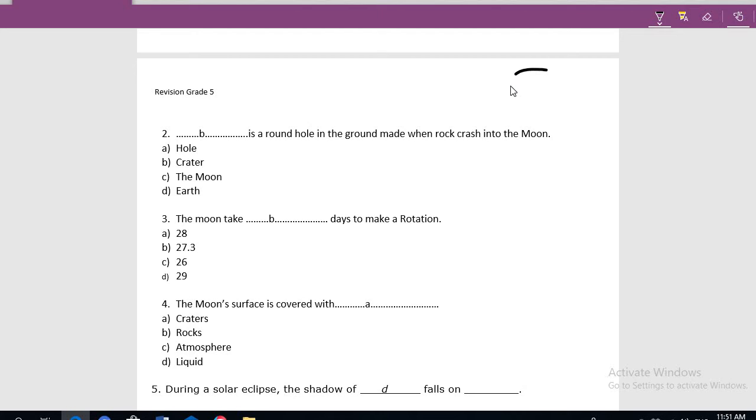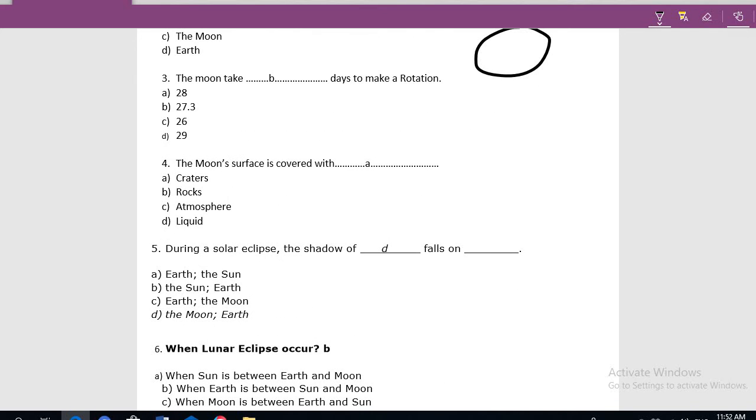So this is the moon's surface. On the surface of the moon there is a hole like this. This hole is called a crater. The moon takes 27.3 days to make one rotation. The moon's surface is covered with craters.